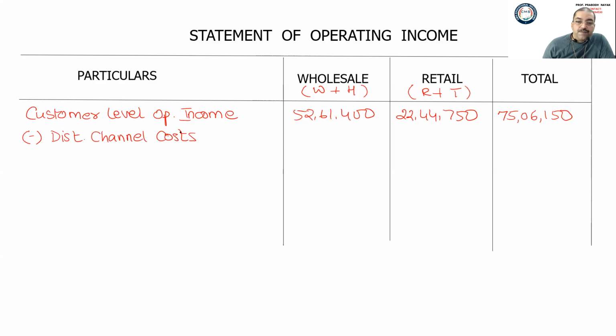Distribution channel costs, 17,50,000 and 10,50,000. That is 28 lakhs.